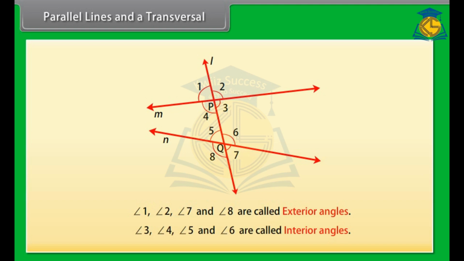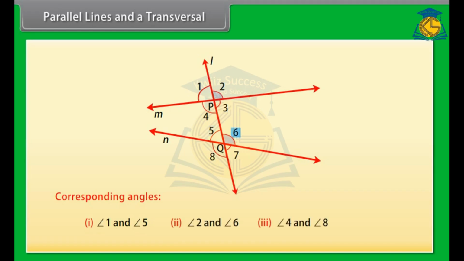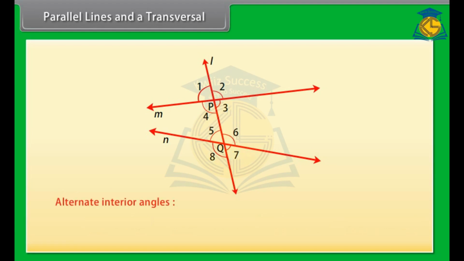We have also studied that when a transversal intersects two lines, we get some pairs of angles. Let's go through them one by one. First is corresponding angles. These are angle 1 and angle 5, angle 2 and angle 6, angle 4 and angle 8, angle 3 and angle 7. Second is alternate interior angles. Those are angle 4 and angle 6, angle 3 and angle 5.